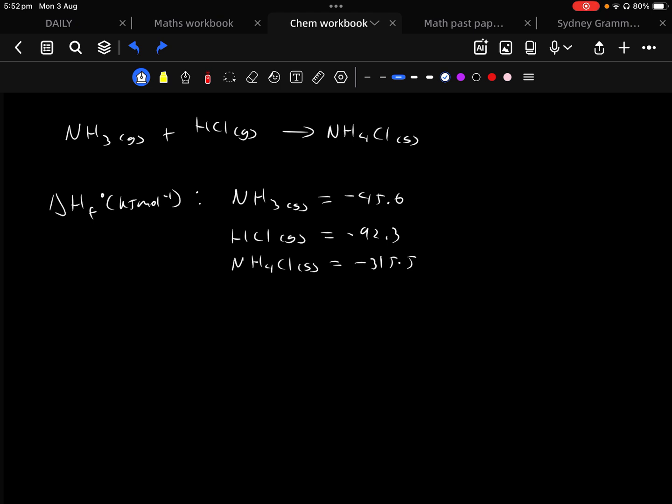Delta H formation of NH4Cl is just minus 315.5. And we subtract our reactants.